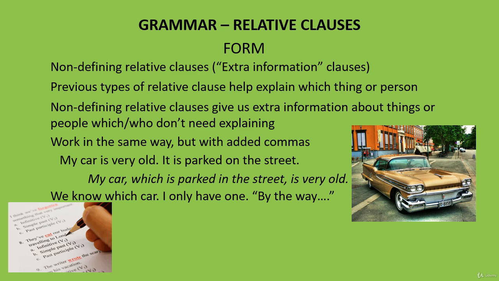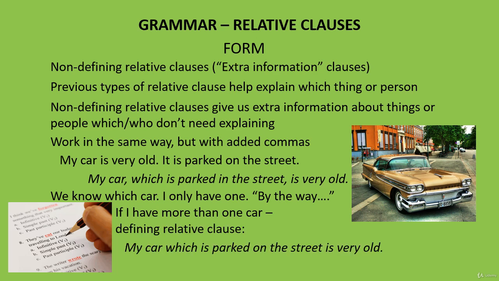These clauses are like saying, by the way, here is some extra information about this thing or person. Of course, if I have more than one car, then I need a defining relative clause. My car which is parked on the street is very old, with no commas.